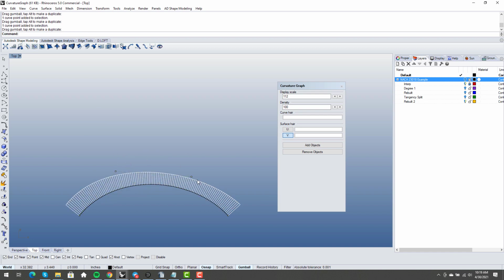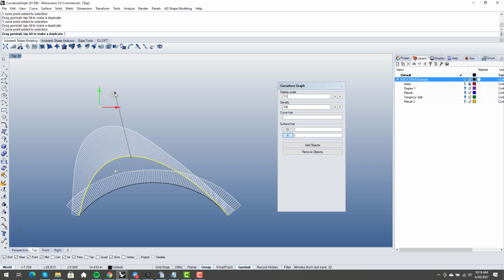And so you can see this great graphic visual representation of: does this curve have even curvature? Is that what I'm going for? Does it have little localized spikes in curvature? Do I want that? Do I not want that? So it's just this great visual representation of what's going on.